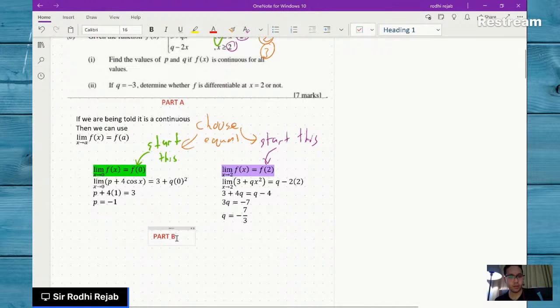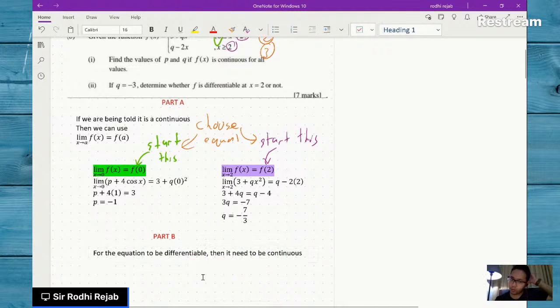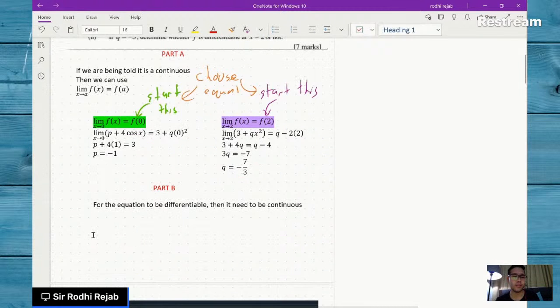So part B, I think for the equation to be differentiable, then it needs to be continuous. So you need to apply the continuity test.